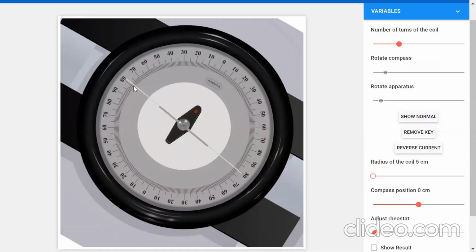Now it's 81, 80 and 81, and for reverse also 81, 81. As we change the current, the deflection changes.